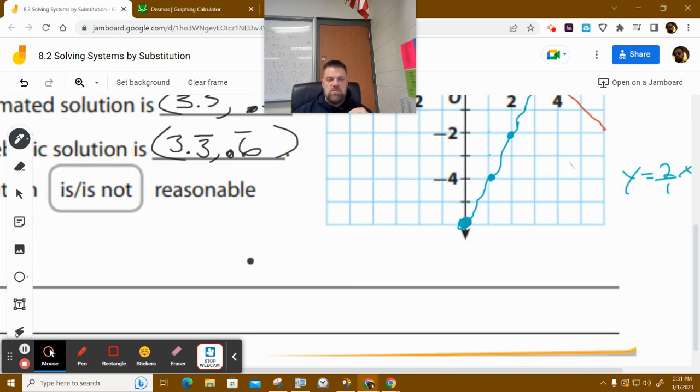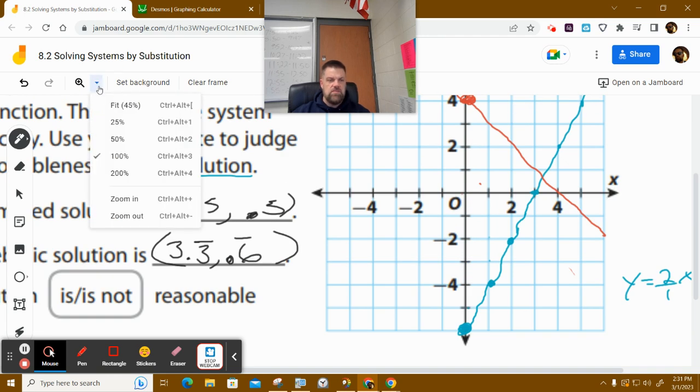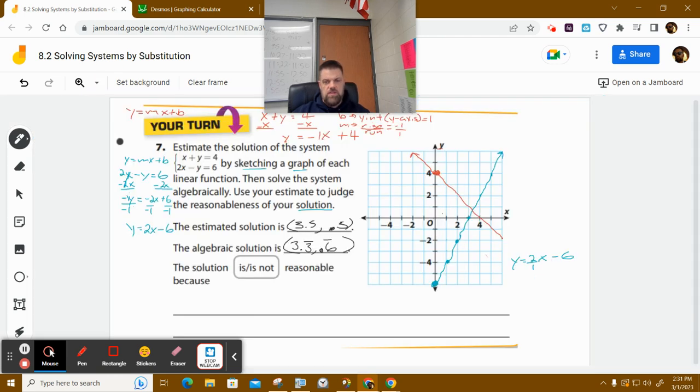Well, now I've got to zoom out because we got to solve it. All right, so now let's solve it. To do the algebraic one, I'm going to take this equation here and plug it into the second equation.